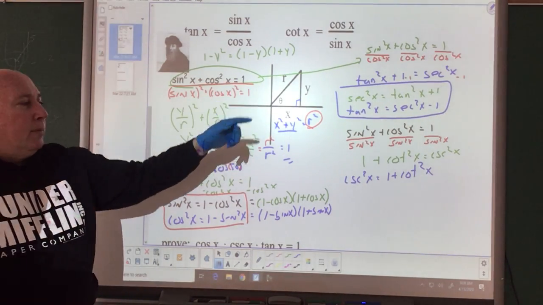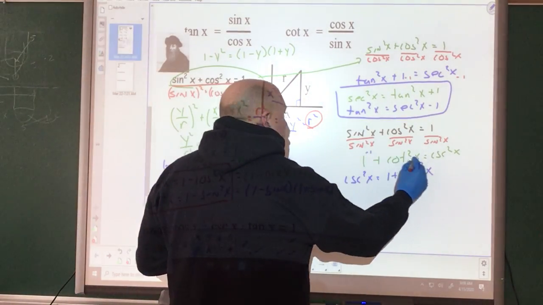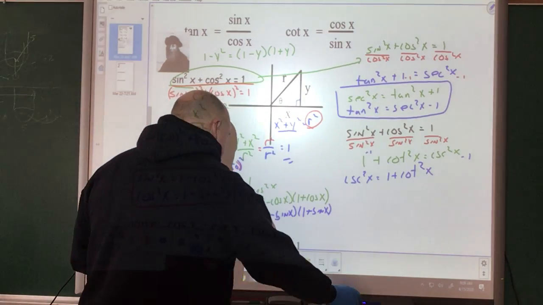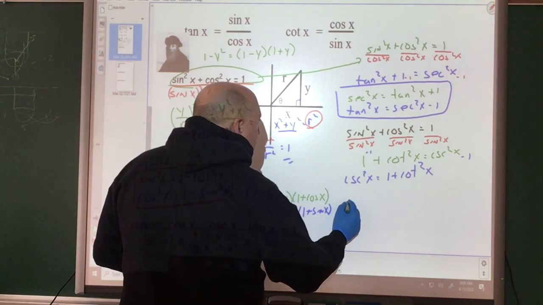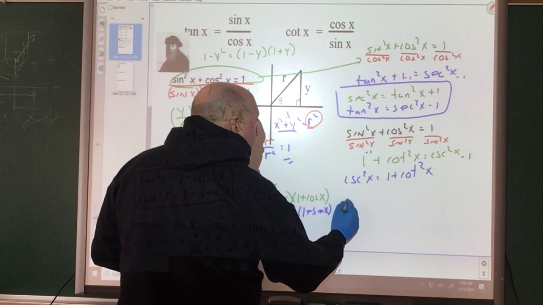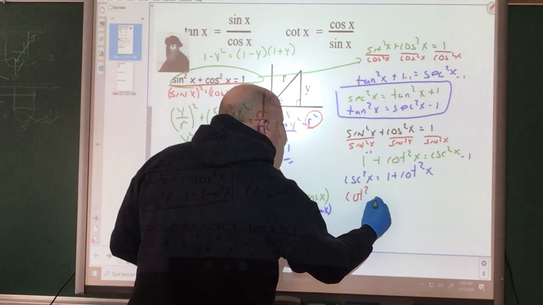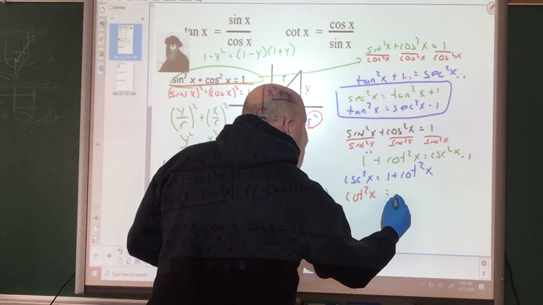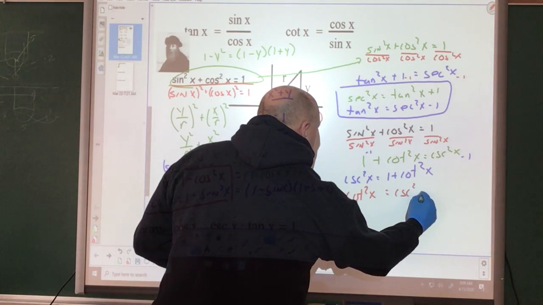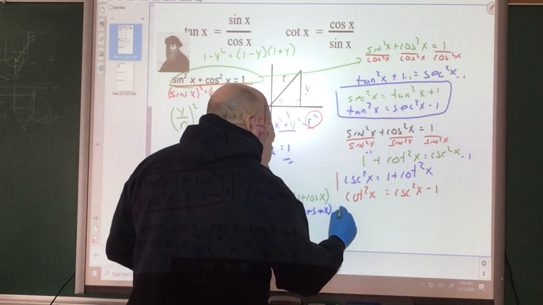And like I did up top, if we subtract 1, we would have cotangent squared of x is equal to cosecant squared of x minus 1.